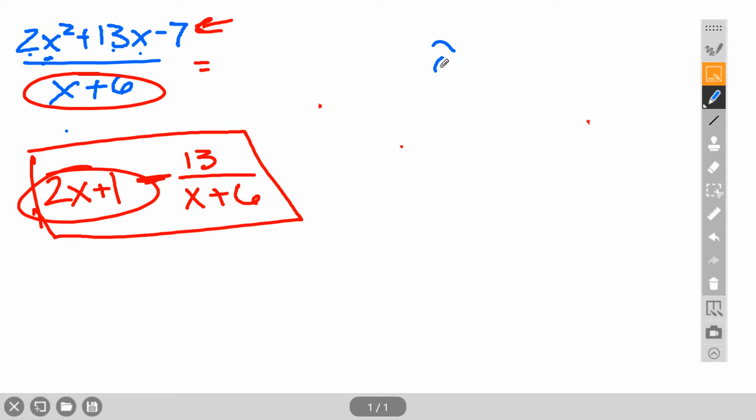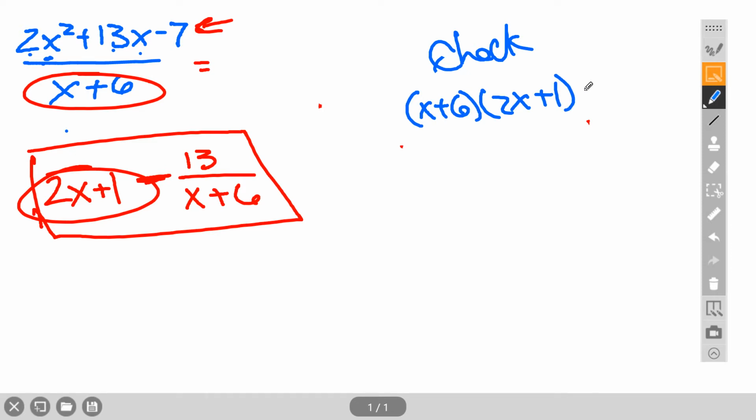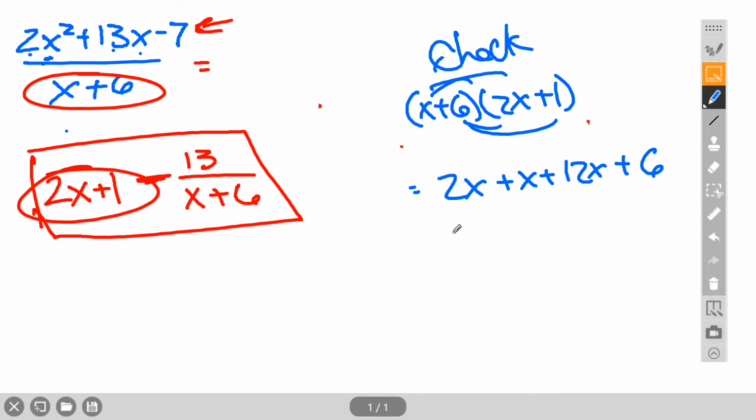So we're going to check this. We're going to do x plus 6 times 2x plus 1, and we need to distribute. x times 2x is 2x squared, x times 1 is x, 6 times 2x is 12x, and 6 times 1 is 6. When we combine the like terms, we get 2x squared plus 13x plus 6. And now we subtract the remainder. Well, we add the remainder, but the remainder is negative, so we're going to subtract it, which is minus 13.